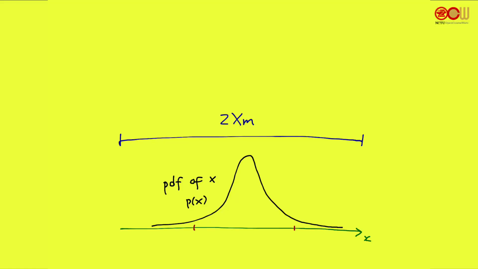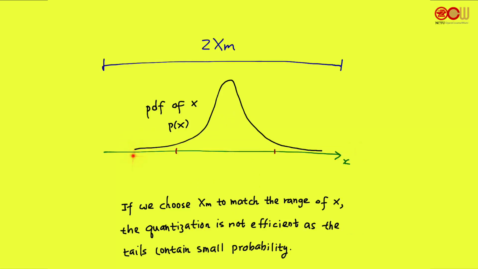In many applications, x is not uniformly distributed. The probability density function of x spans a wide range. If we choose 2Xm to match all the possible values of x, it would not be efficient quantization because the tails on two sides usually have a very small probability.